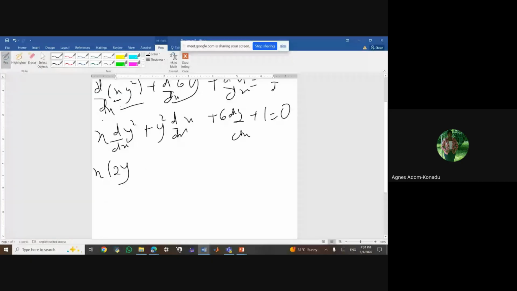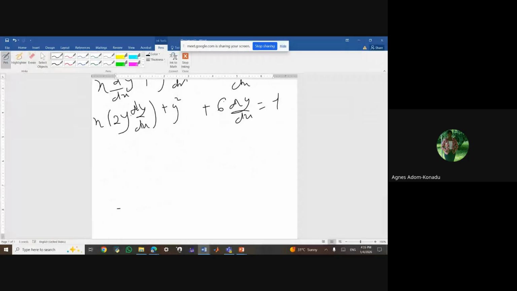So this will give me x into 2, y to the power 1 times y prime, and plus 6 dy over dx is equal to minus 1. We want to make dy dx the subject. So making dy dx the subject, I have dy dx into 2xy, so that's 2xy plus 6 is equal to minus 1 minus y squared.